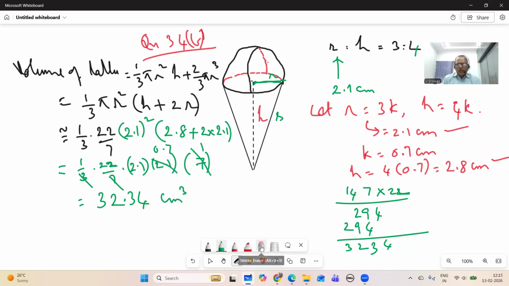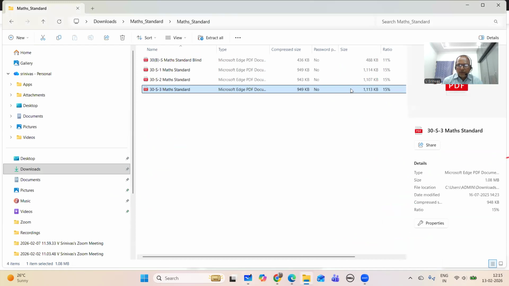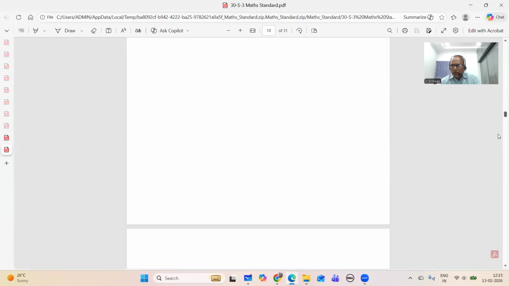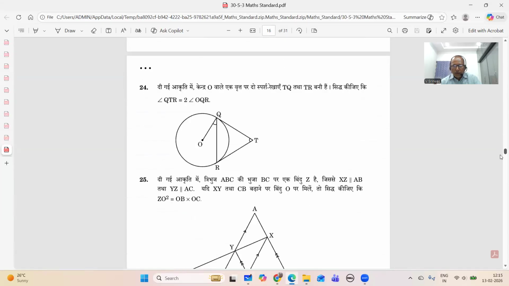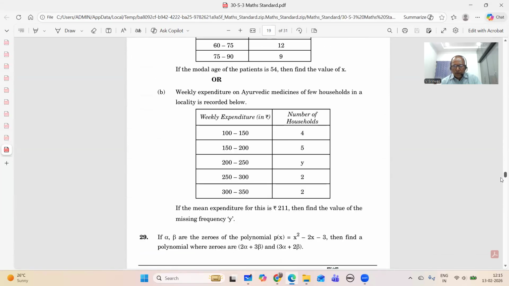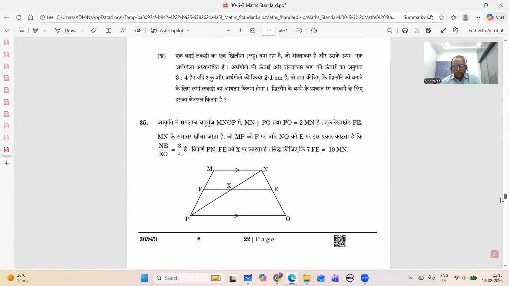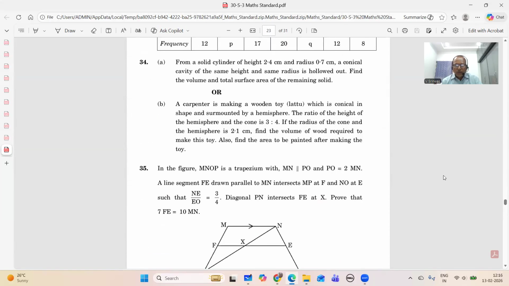Okay, so this gives us the volume, and we are also asked the total surface area. Find the area to be painted after making the toy.